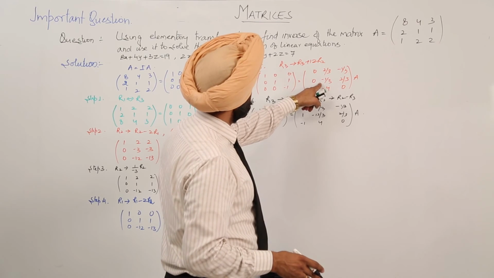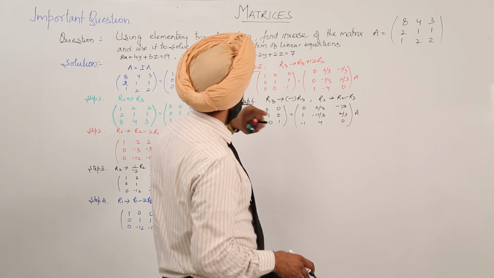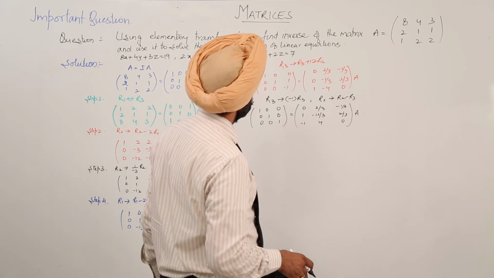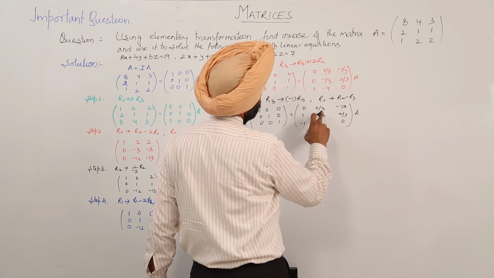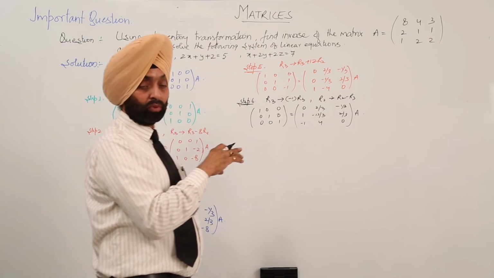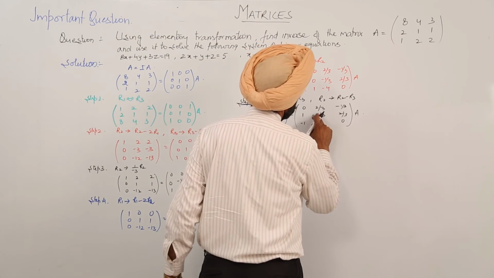So this step is minus 1 by 3 R2 minus R3. So we are having here now minus 1 by 3 minus with minus 4, so that is plus 4. So we are getting minus, this is 13 by 3.